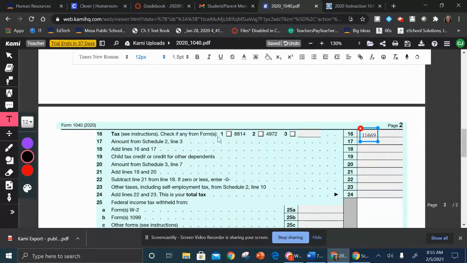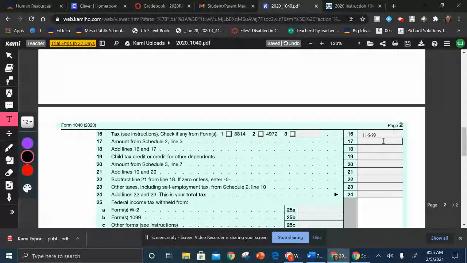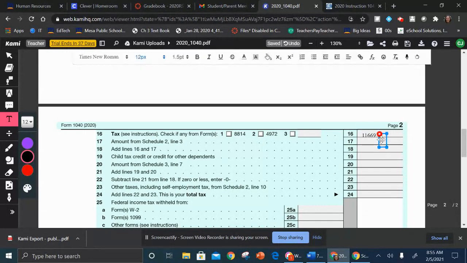Okay, so that's 0. That would be if we had any standard deductions. Elizabeth did. Add the 2 lines together. Okay, so childcare, everybody. If you have any children, you actually get tax credits for them.